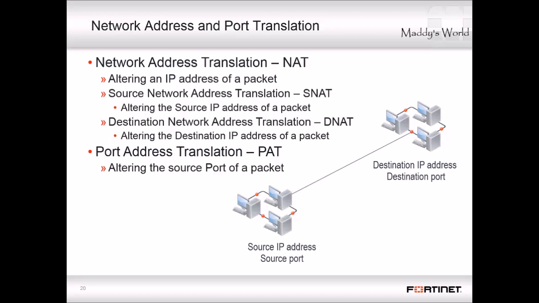It's not specific to the source or destination IP, but changing either of these is considered NATing. There are two subtypes of NAT which are specific, however. There are source NAT and destination NAT, and they are for when you need to be specific about whether you're changing the source or destination IP. There is also port translation, which is similar to the idea of NAT, however, you're only altering the source port of the packet.